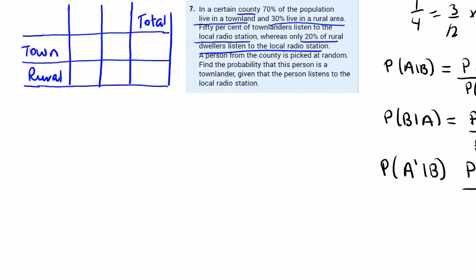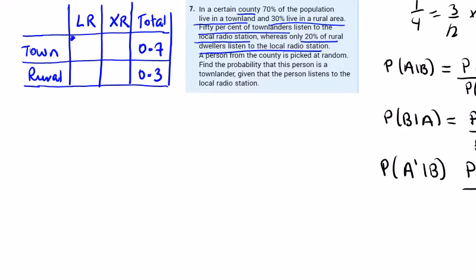And the totals, 70% live in the town, which obviously leaves 30% in rural, and some of them listen to the radio. We'll call it don't listen to the radio. So 50% of townlanders listen to the local radio. So that's this box here, 50% of townlanders.